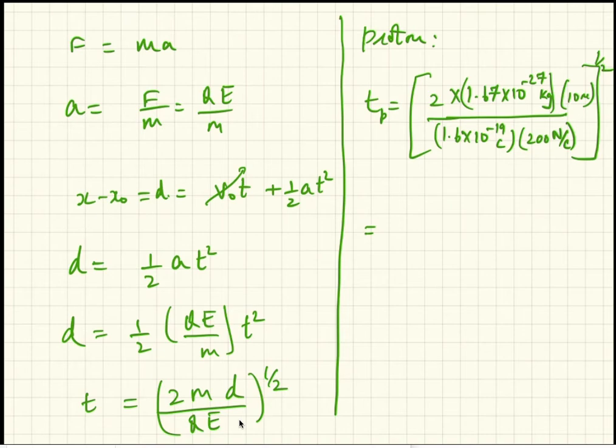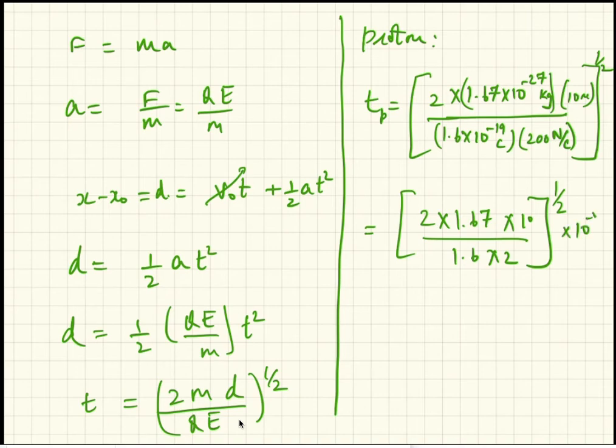Okay, so this works out to, let's take care of the powers of 10. That's 10 to the 27, this comes to the top, that becomes 10 to the minus 8, 10 to the minus 10, okay, so we'll say 10 to the minus 5. So 2 into 1.67 into 10, divided by 1.6 into 2, to the power half, and then 10 to the minus 5 seconds.